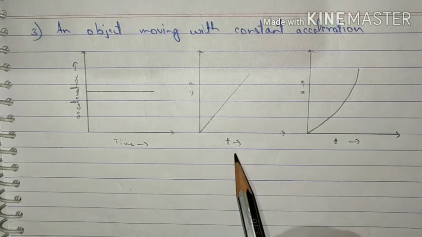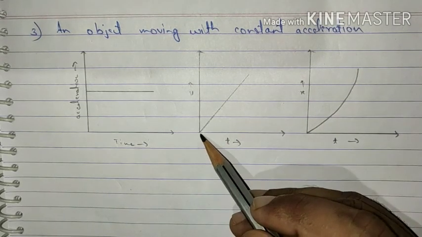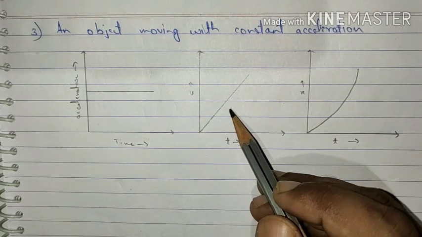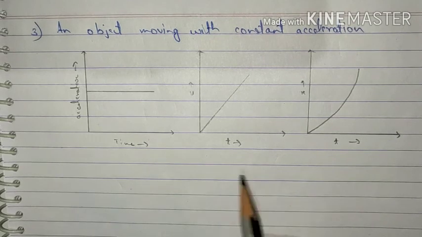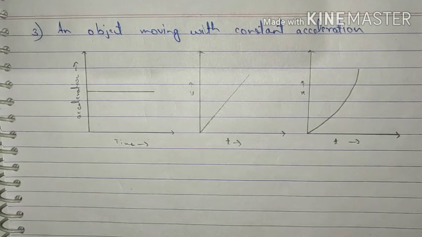On representing it on a velocity time graph, we observe that the velocity with respect to time will change linearly in a specific manner because constant acceleration is being observed over here.